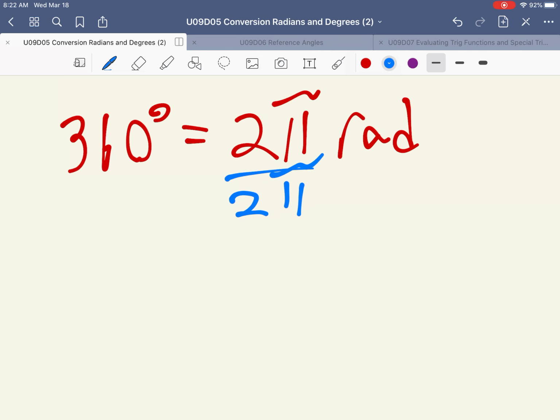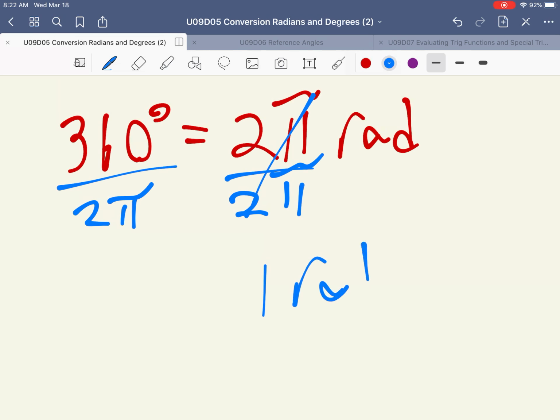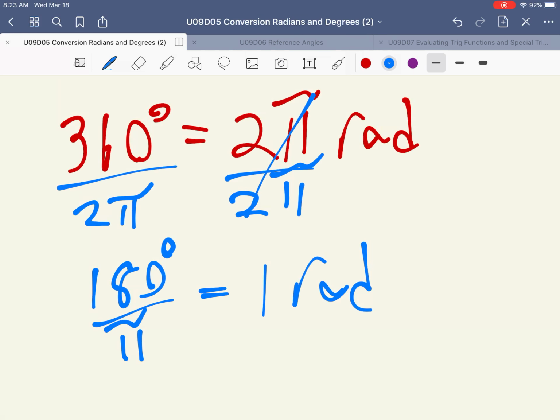That'll give me 1. So 2 pi divided by 2 pi is 1, so we get 1 radian is equal to 180 over pi. Yep, so 1 radian is equal to 180 degrees over pi.